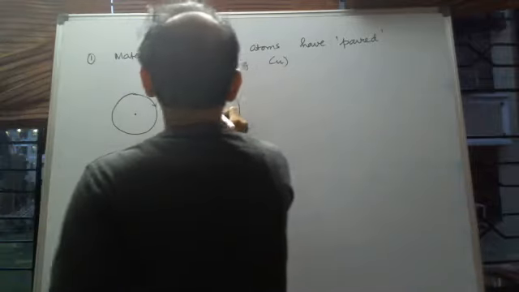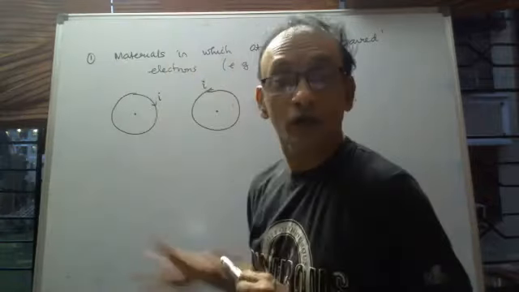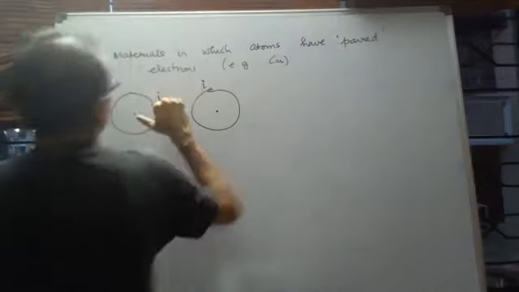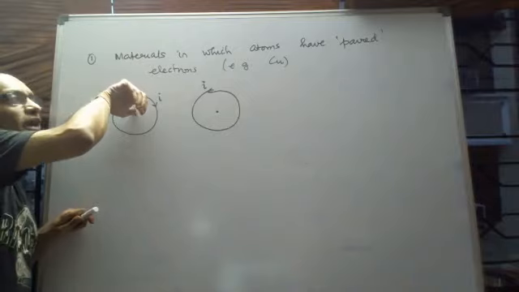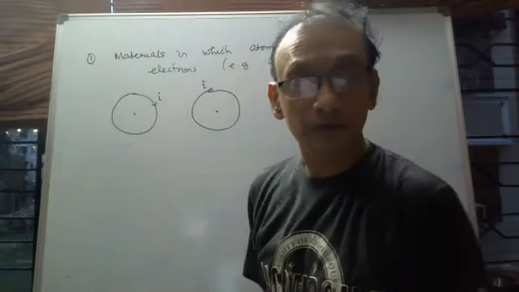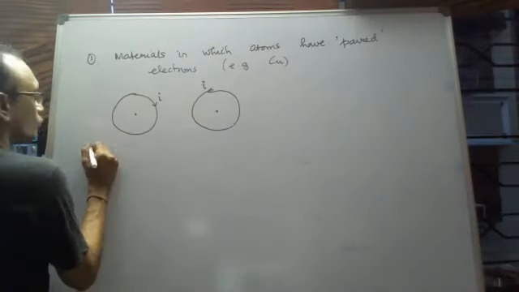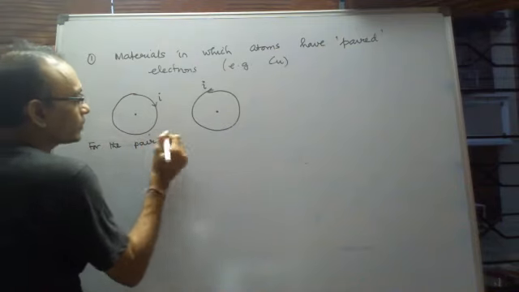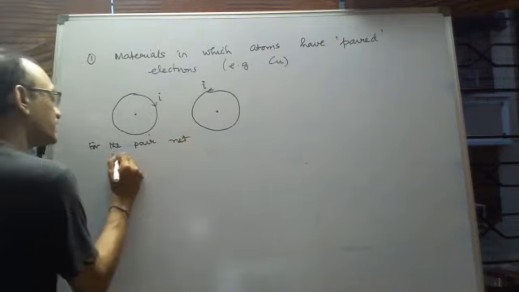Now, very clearly, in this atom, is the magnetic moment into the plane of the board or out of the plane? So the net magnetic moment is 0 for this pair.